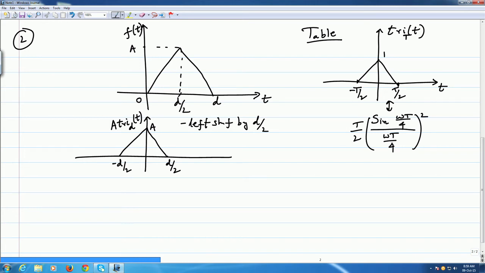You write the given f of t in terms of the standard triangle for which you know the Fourier transform, and then you can directly use the table to get your answer. So this f of t when shifted left by d by 2 becomes a times triangle with d of t. This capital T is like the width of the triangle.